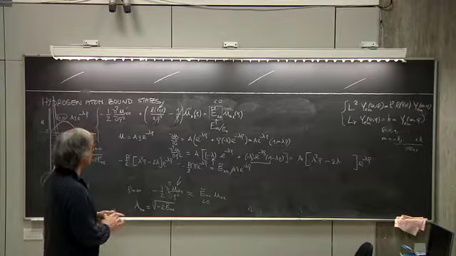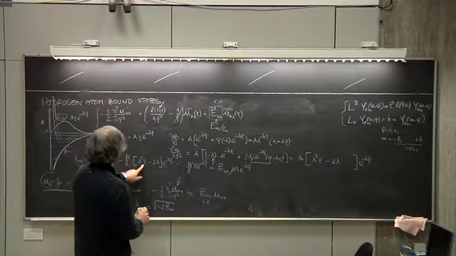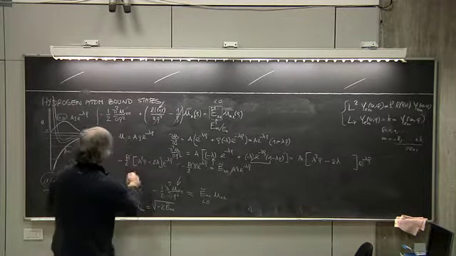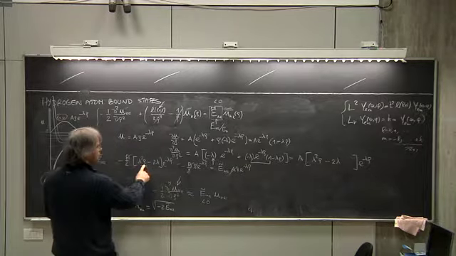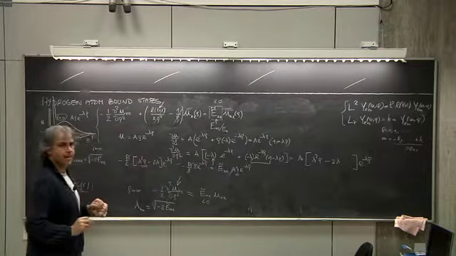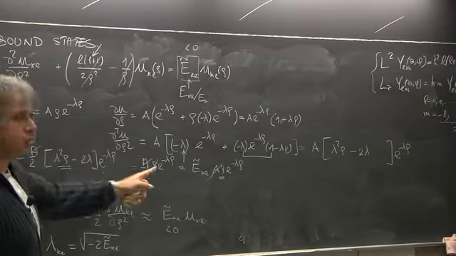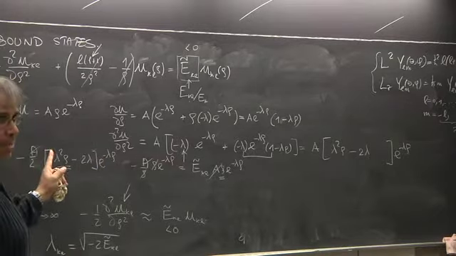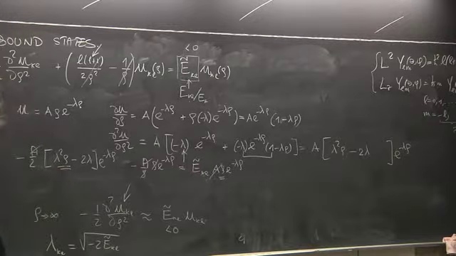Now, let us see. This term here, for instance, is linear in rho as this. Okay? So in order for this equation to be valid, they should be the same. When are they the same?